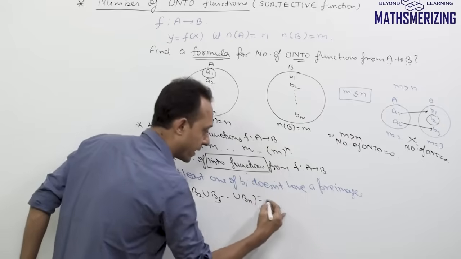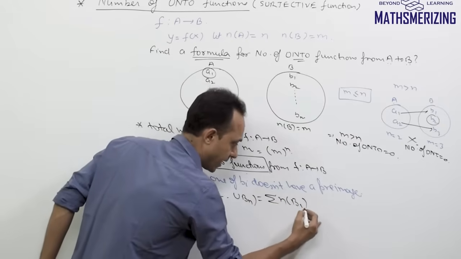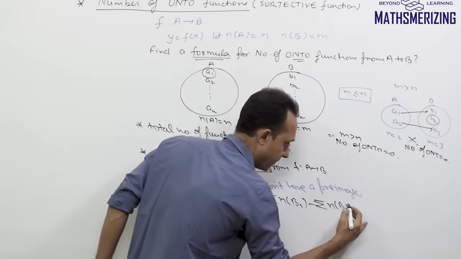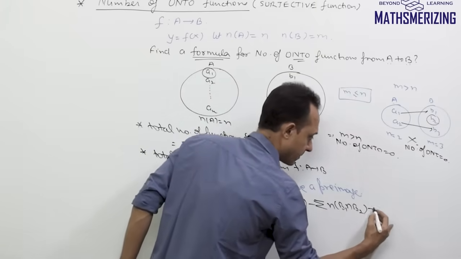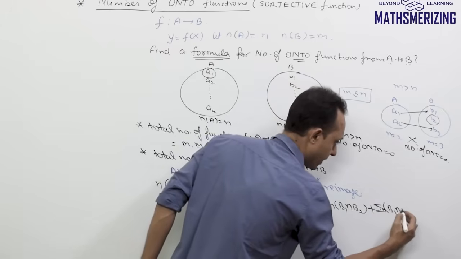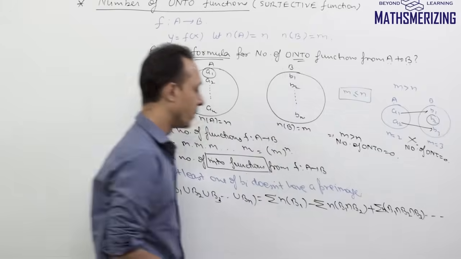Now we know that this formula can be generalized as summation n(B1) minus summation n(B1 intersection B2) plus summation n(B1 intersection B2 intersection B3). So we can generalize this formula.